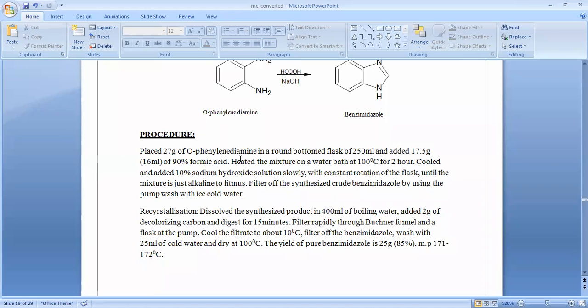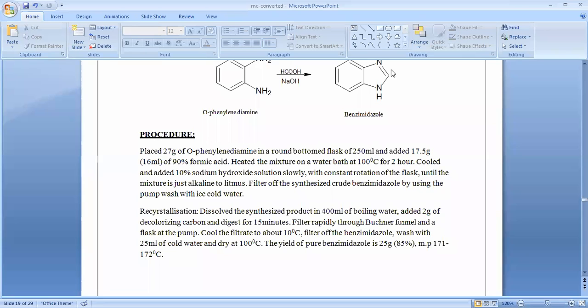As it is a base catalyzed reaction, we add the sodium hydroxide solution until the solution becomes alkaline to litmus, because earlier we used formic acid and we are making the solution alkaline with sodium hydroxide. So we keep adding it while constantly rotating the flask.